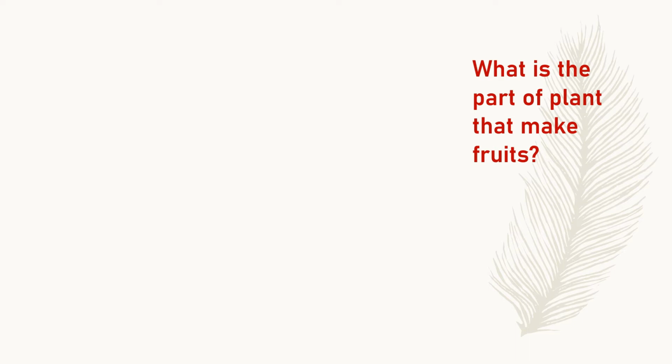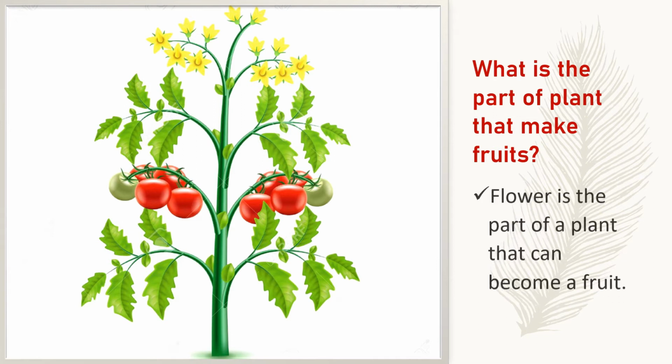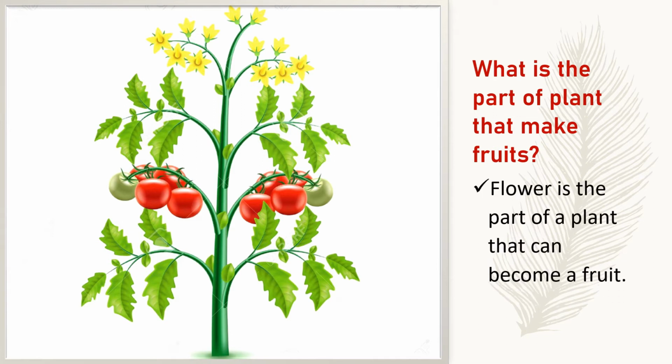Now, we can find seeds inside fruit. Which part of a plant makes fruits? Do you know? Can you see this plant? Can you see the tomato here in this plant? Which part of the plant makes the fruit? Flower. Flower is the part of a plant that can become a fruit.